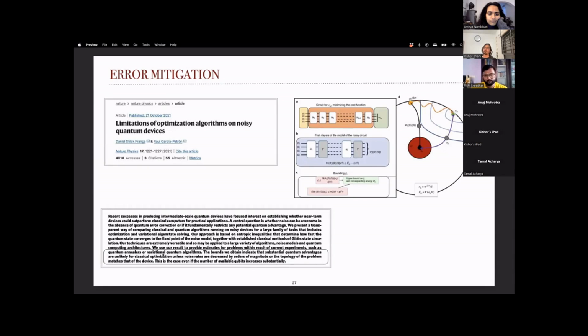So this was a very powerful result. No matter where you start, noise basically takes you to the fixed point of the noise model. These are some really challenging problems, and it would be nice to find out whether we can design more.